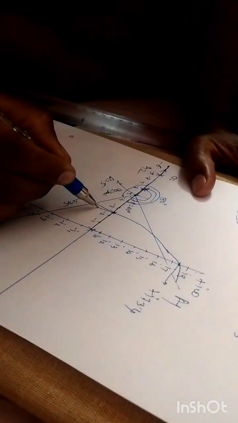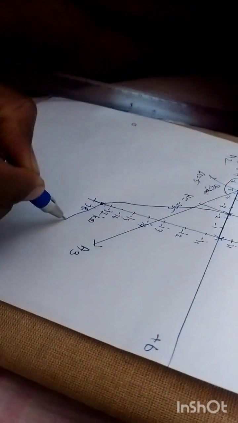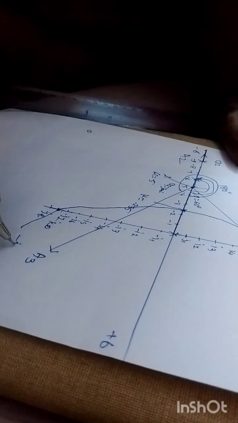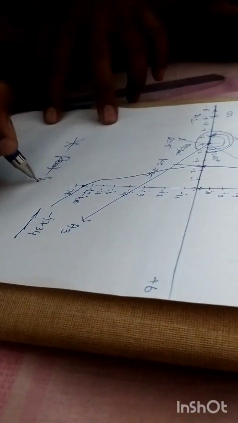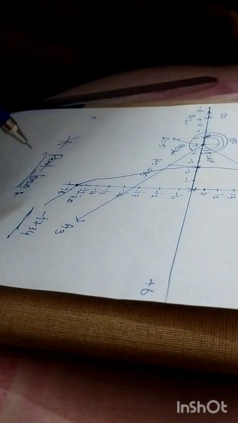As far as the lower part is concerned, with this freehand sketch it will again intersect the imaginary axis at minus j7.34. In this way, the root locus plot is completed.